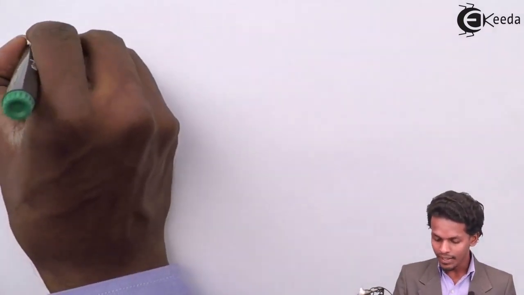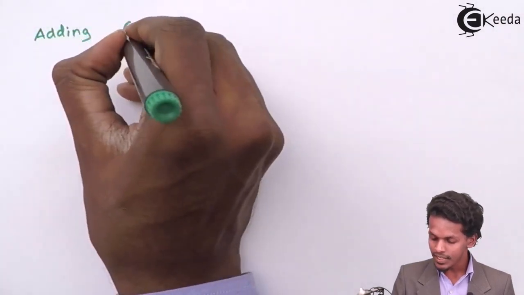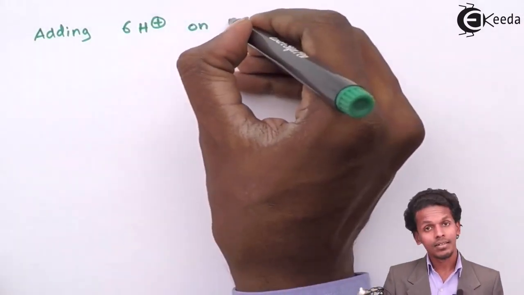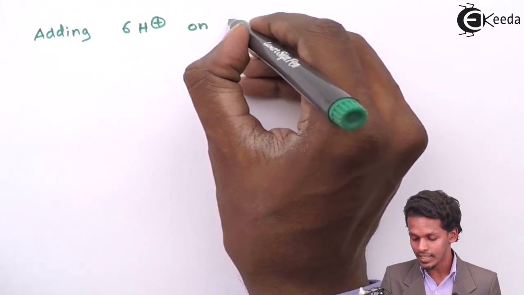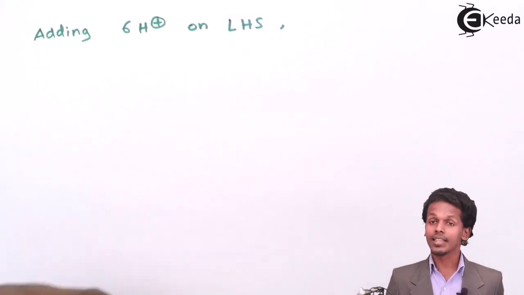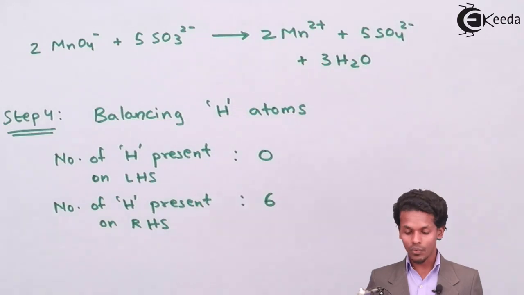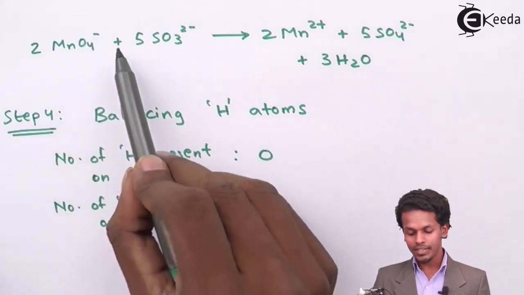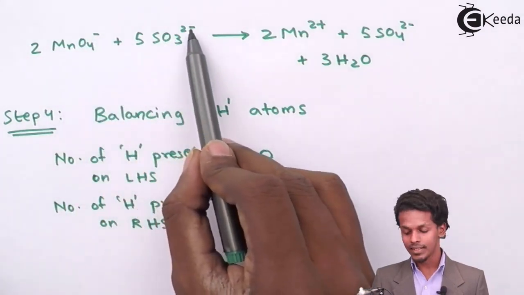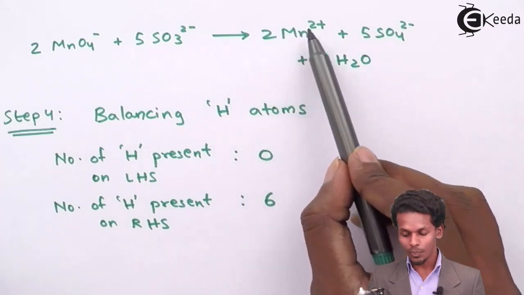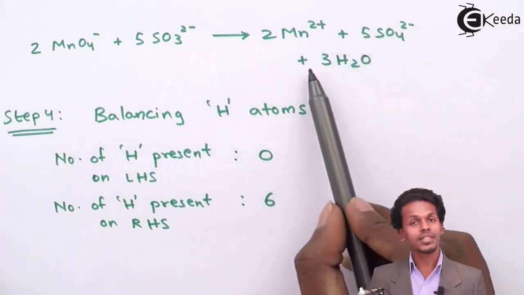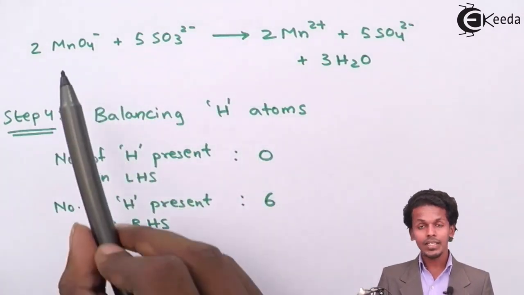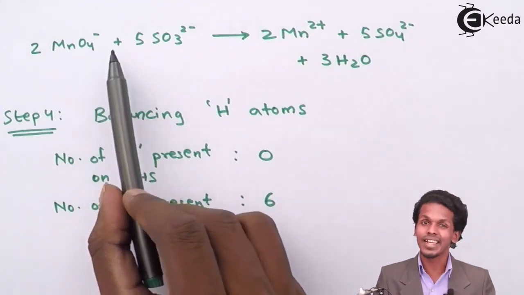Adding 6 moles of H plus on the deficient side, which in this case is the left hand side, the earlier equation that we had was 2 times MnO4 minus plus 5 times SO3 2 minus, which gave us 2 times Mn2 plus 5 times SO4 2 minus plus 3 times H2O. Now we are going to add 6 times H plus on the reactant side.